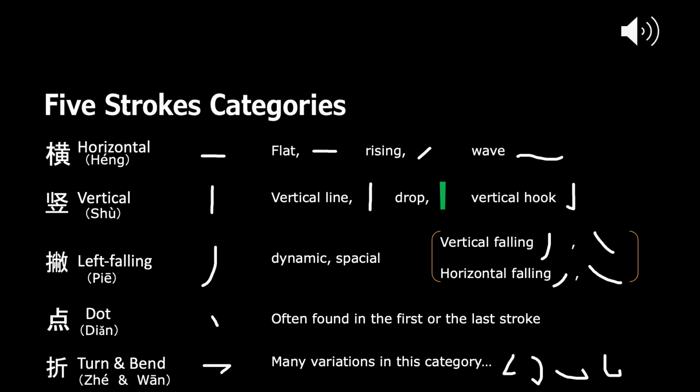The strokes are classified into the 5 groups. They are 横、竖、撇、点、折. Horizontal, vertical, left falling, dot, and bend or turn.